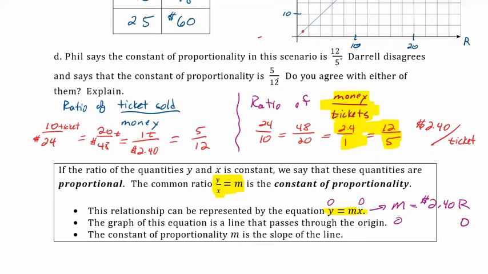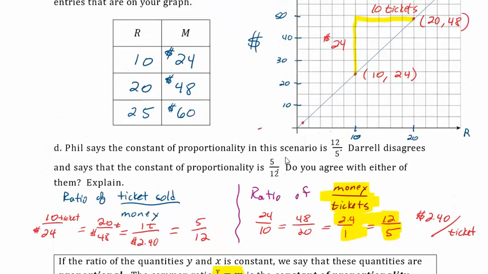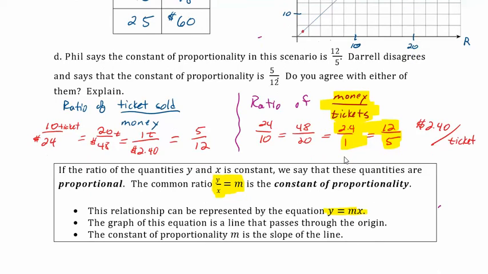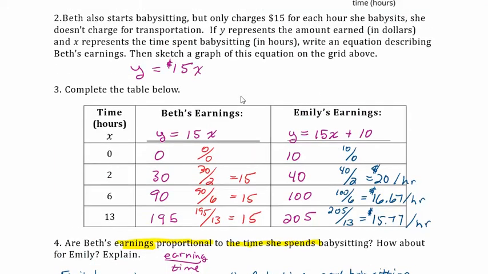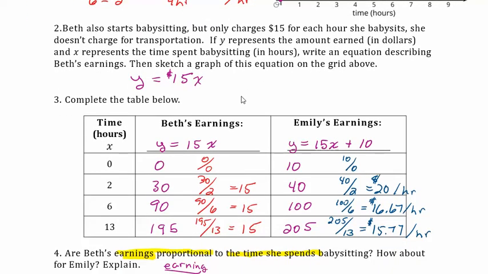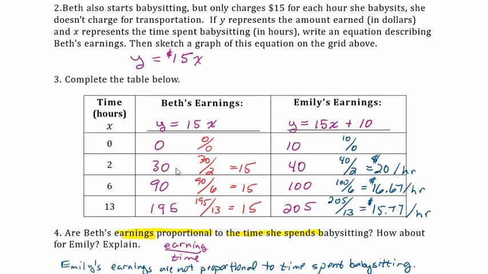When we have an equation in the form y equals mx with no initial cost added on, and that graph goes through the origin, then you could take the table and divide these, and you're going to get that constant of proportionality. If there's anything added on to this, like we saw with Emily, she added on a $10 fee, then you're not going to see the values in the table be proportional to each other when you divide and find these ratios.